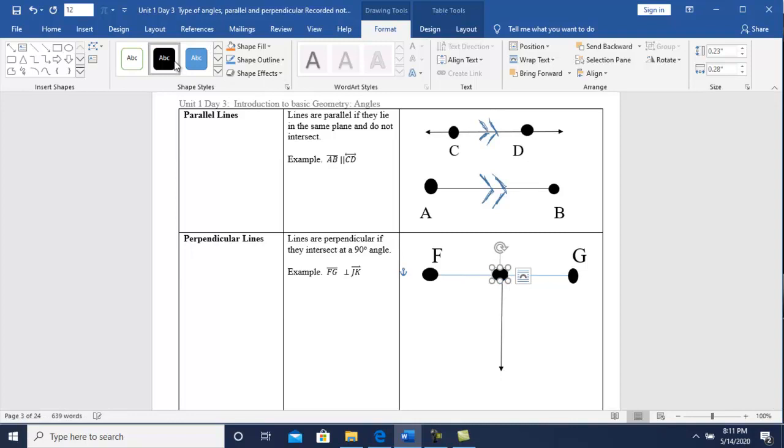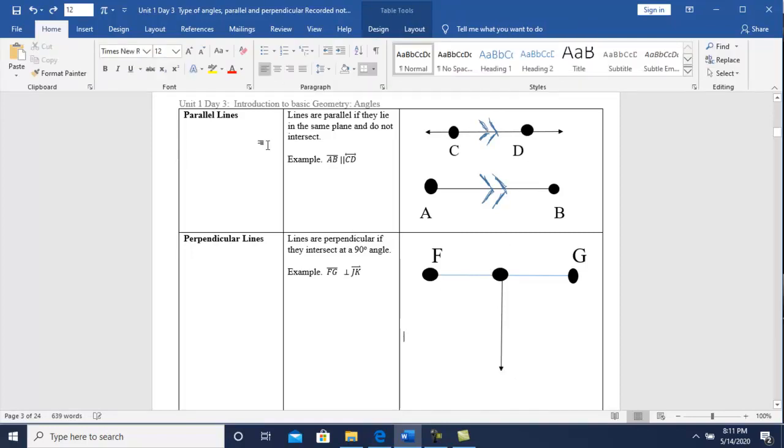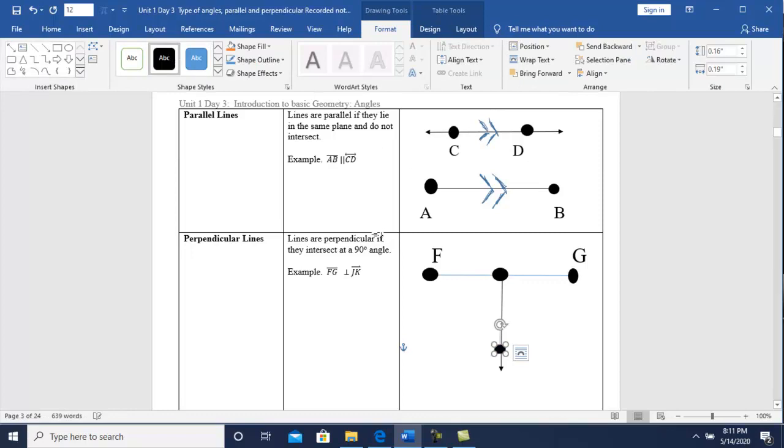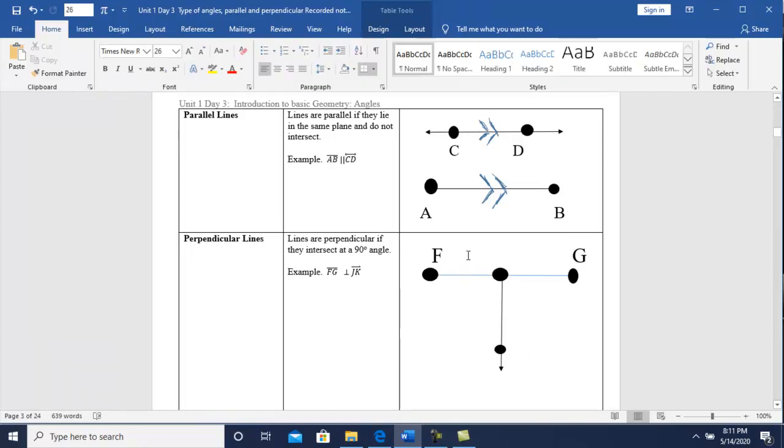Let's say this point right here, J, is the endpoint, and it's important because that's the one without the arrow.